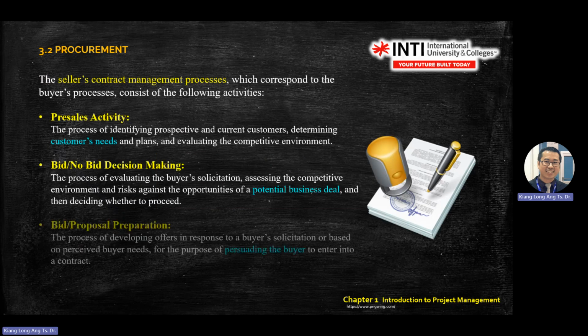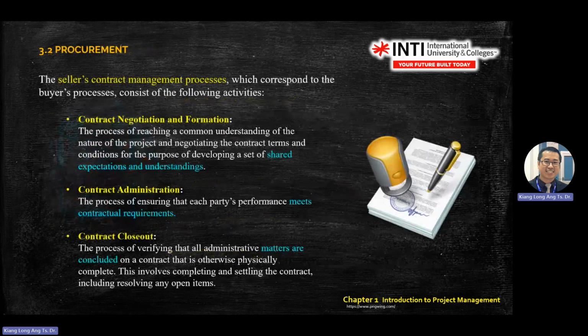Okay, the contract process is also important. I haven't asked a question about this one yet, so there is a very high chance this one will come up. Contract management process has a few steps: pre-sales, bidding and proposal preparation, then you negotiate, contract administration, then you close the contract.